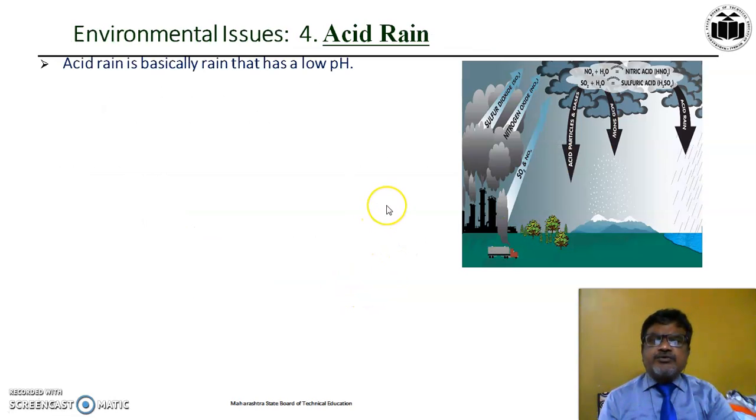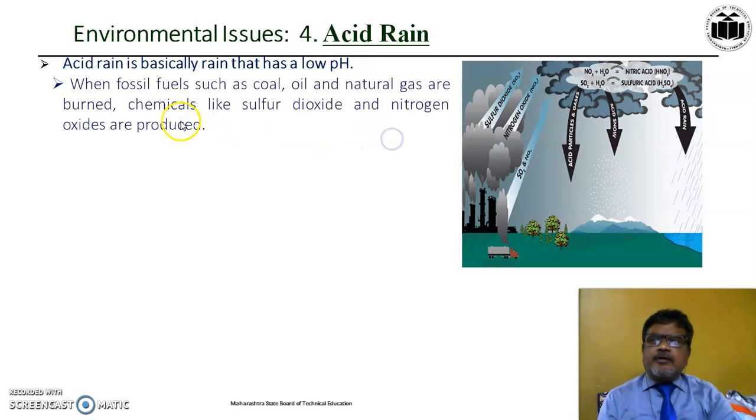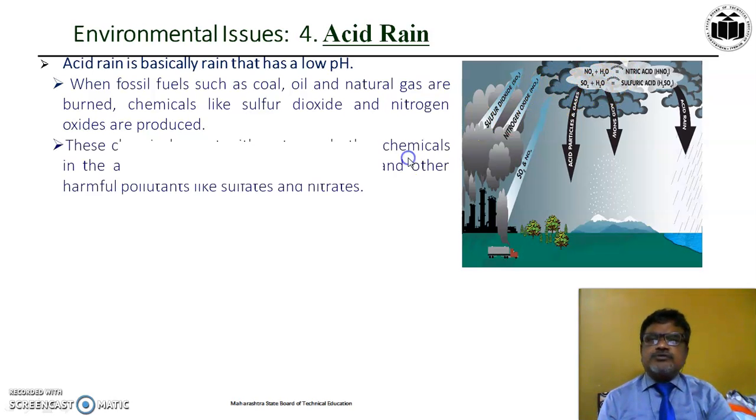The fourth environmental issue is acid rain. Acid rain is basically rain that has low pH. When fossil fuels such as coal, oil and natural gas are burned, chemicals like sulfur dioxide and nitrogen oxides are produced.